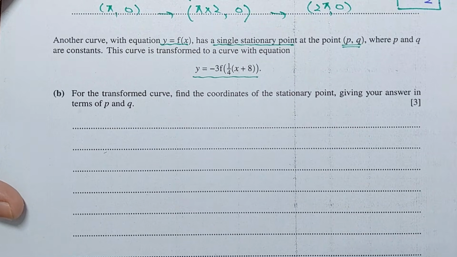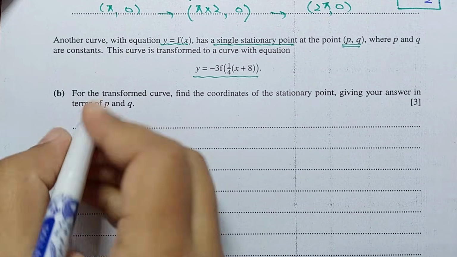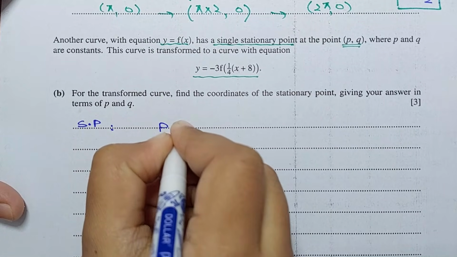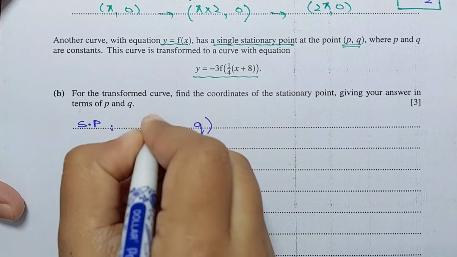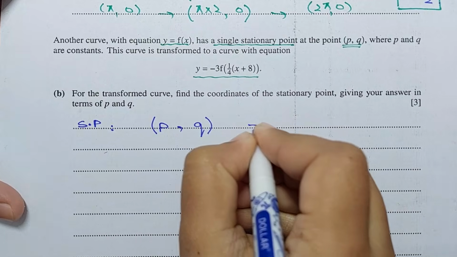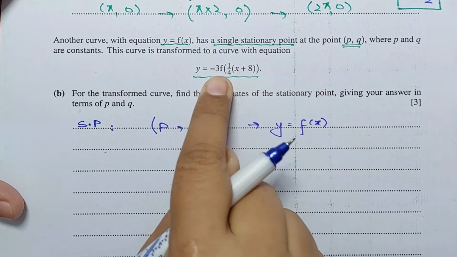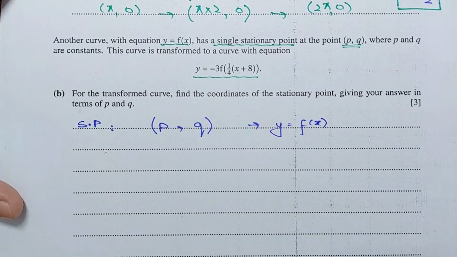The original coordinates of the stationary point are P and Q, right? These are the coordinates for y equals f of x. Now, we have a series of transformations applied on f of x.